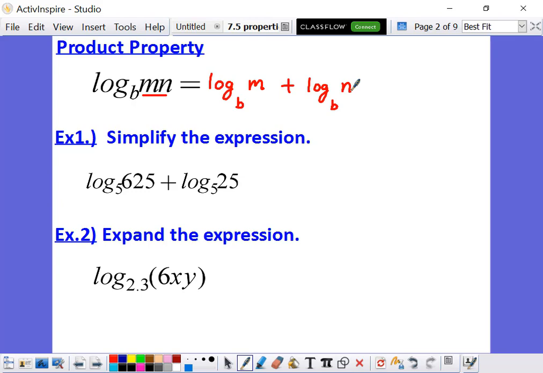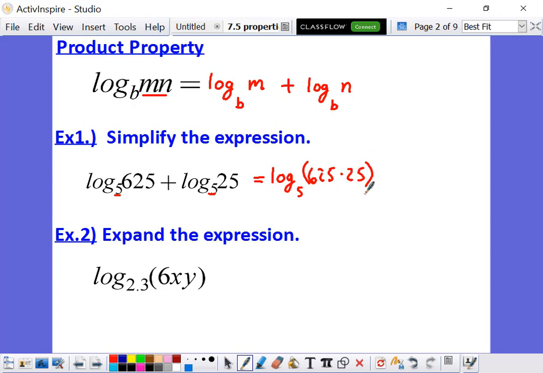Okay. So next, simplify the expression. How are we going to use this? Since the bases are the same and I'm using addition in between these two logs, I can rewrite this as log base 5 of 625 times 25.